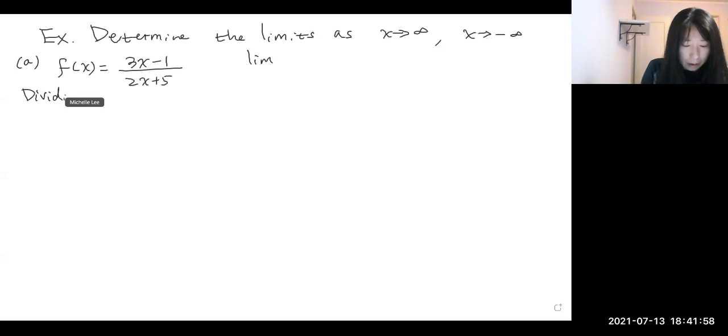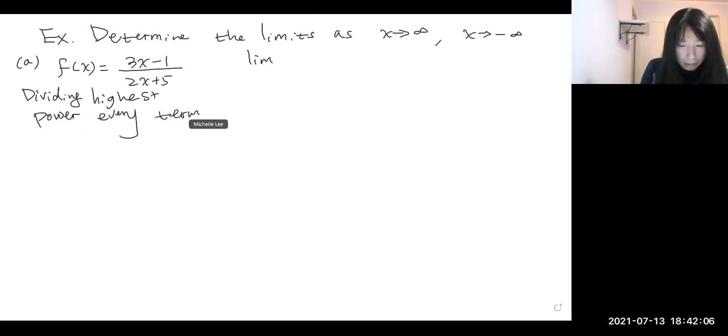dividing the highest power from every term. So x approaches positive infinity.